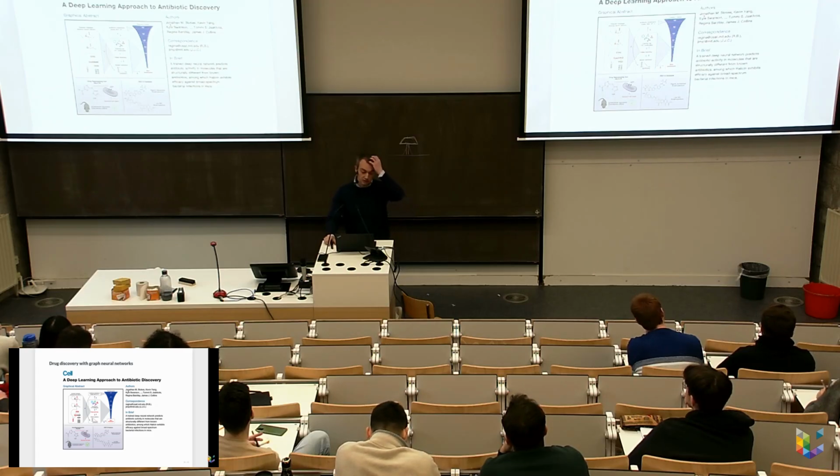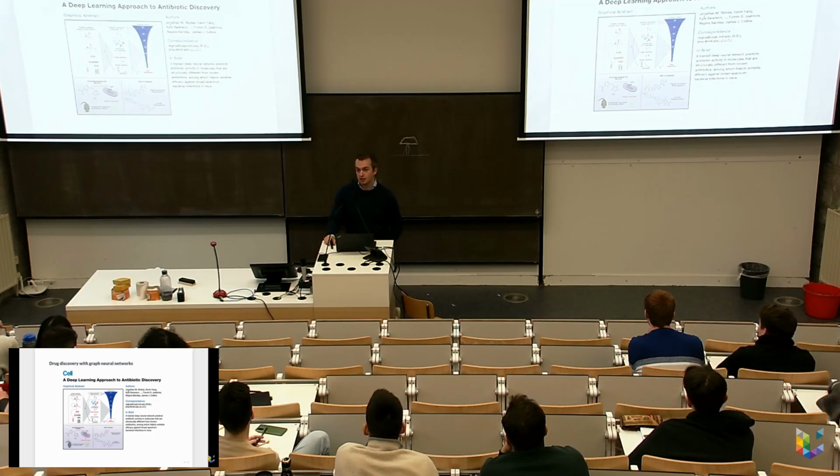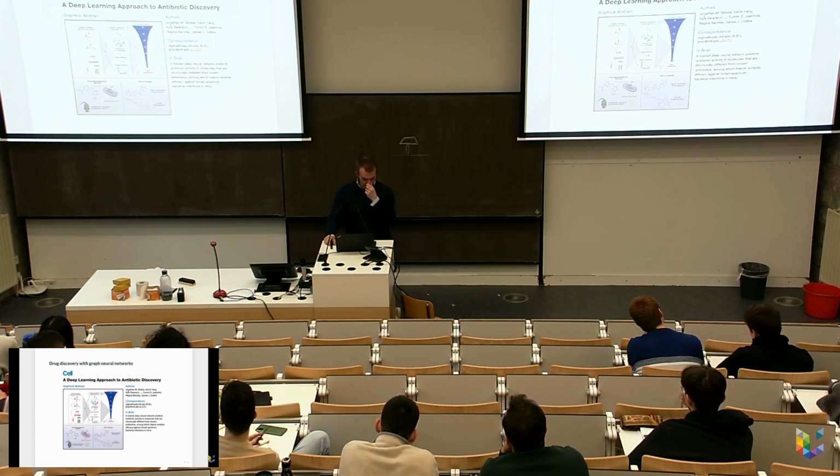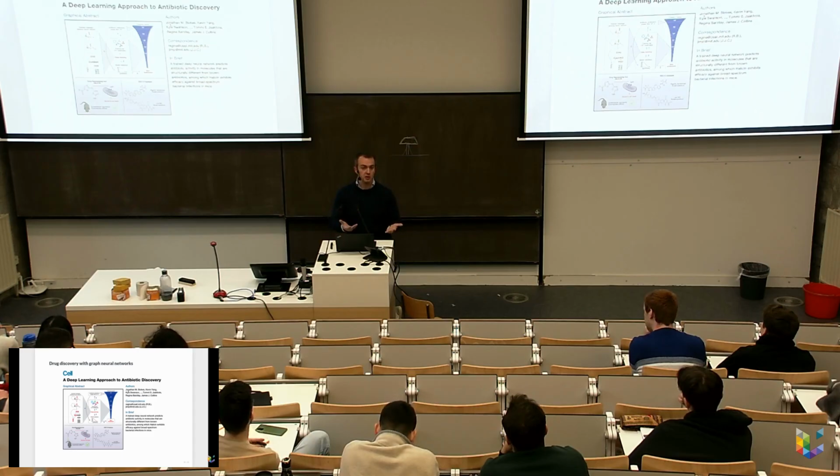So I don't know if you ever wondered how do we actually find drugs to treat diseases. Usually it's by chance. Many of them have been discovered by chance. And if not by chance, then you have someone very smart who thinks for very long and basically filters out a few interesting or promising molecules, and then we do experiments in a lab to see if these molecules work.